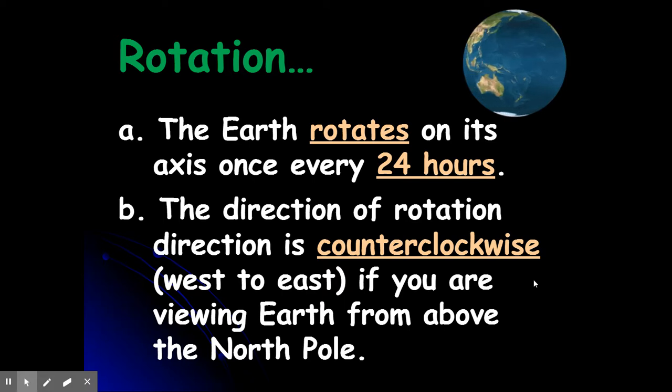Now, of course, that rotation creates our day and night. Okay, so even though it may look like the sun comes up in the east and goes down in the west, in reality, it's not the sun moving, it is the rotation of the Earth that is making the sun appear to move. And so a long time ago, people believed that the sun was what was going around the Earth.